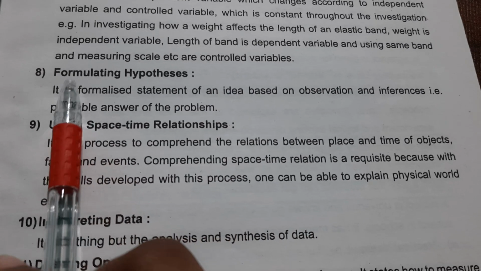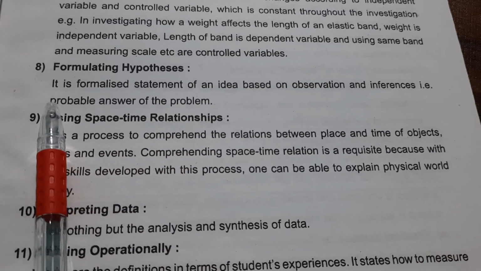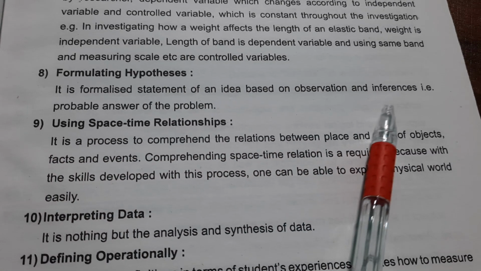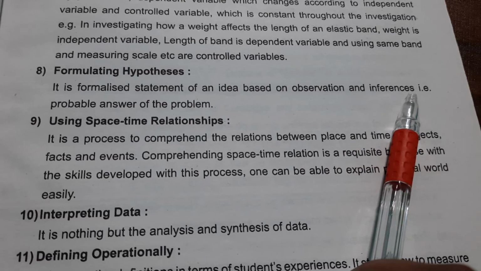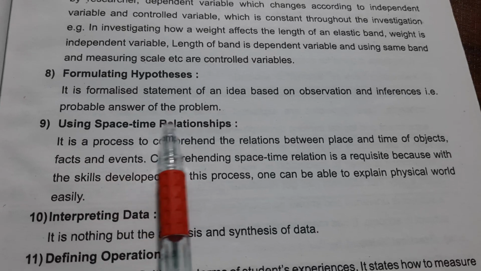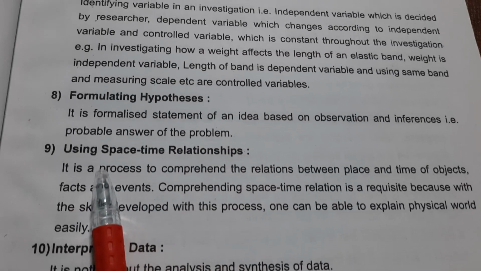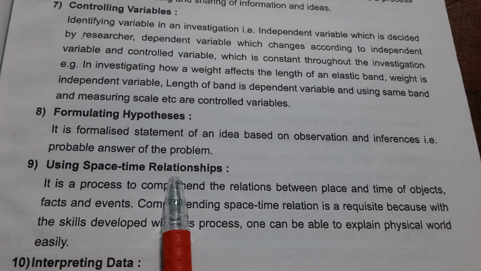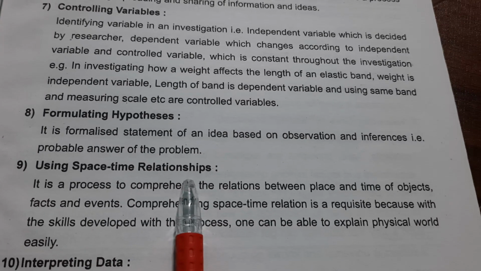Next we have formulating hypothesis. It is a formalized statement of an idea based on observation and inference. That is the probable answer of the problem. Next one is using space-time relationship.